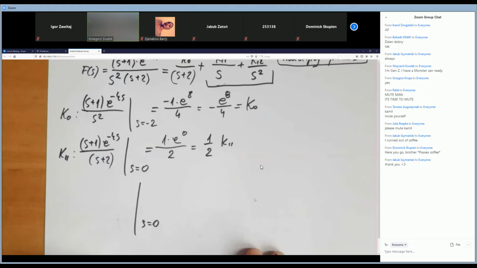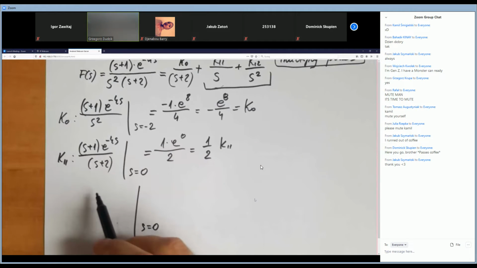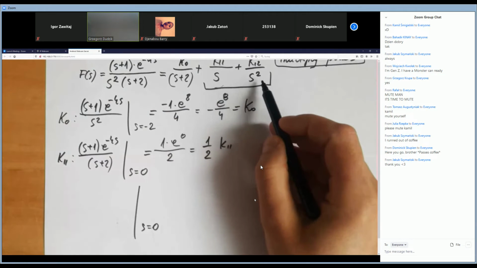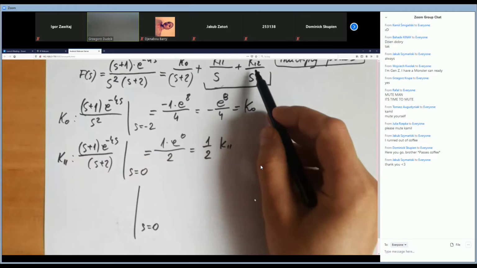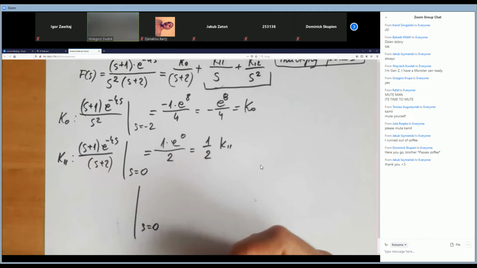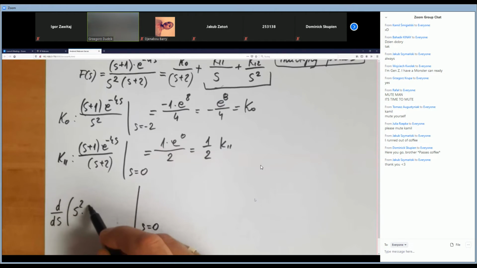However, if you want to calculate this k12 factor with the pole s squared, the definition is that we have to find the derivative with respect to s of s squared times the F(s) function.